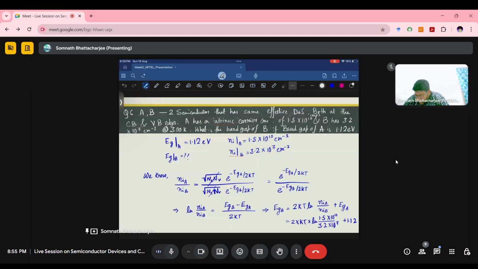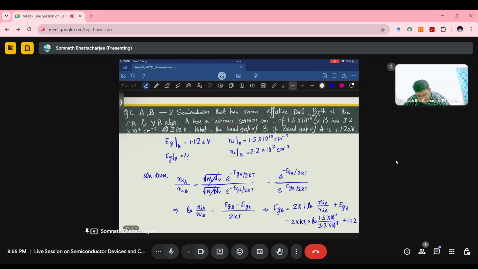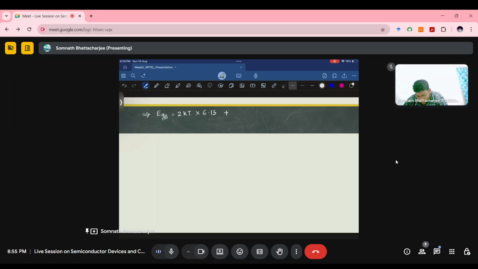So we need ln of 468.75, which is 6.15, plus 1.12.